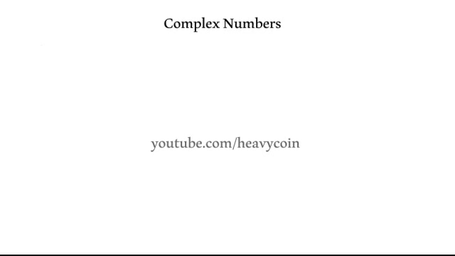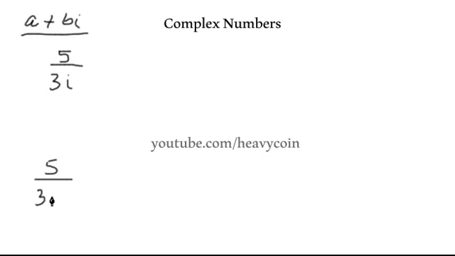Let's see. We got 5 over 3i. Now we want to get this in the form, remember, a plus bi. So we got to get rid of this i in the bottom, and the way we're going to do that is I'm going to multiply the bottom by i and the top by i. That's pretty easy, because now we're going to have 3 times i squared.